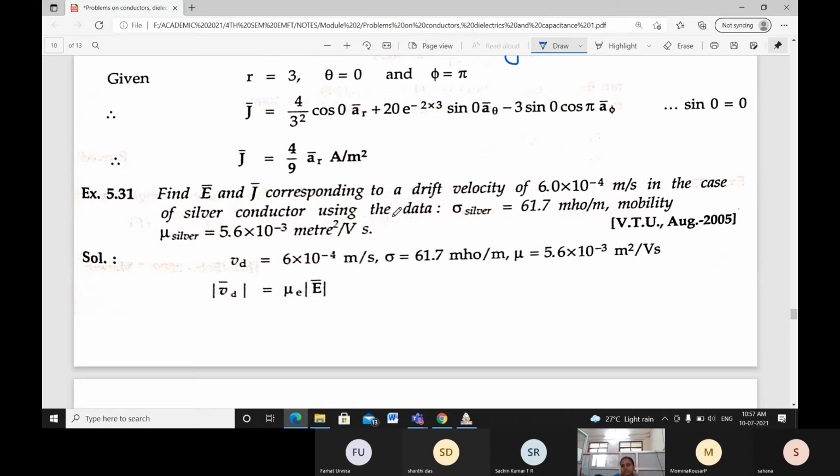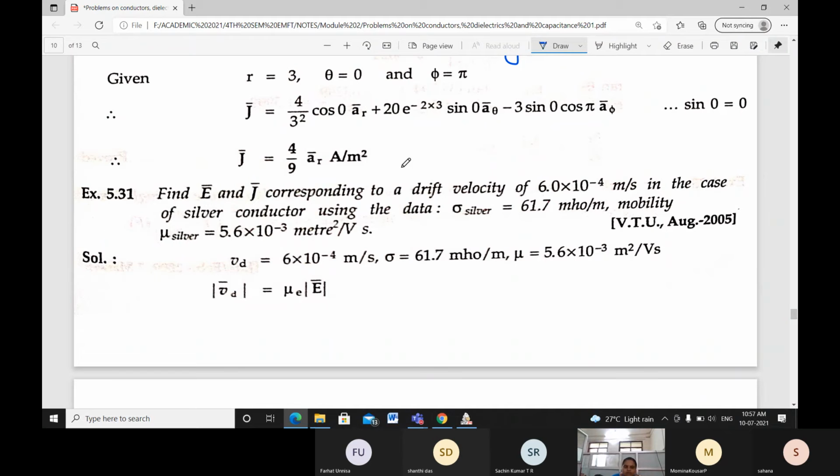Using the data given for us, the conductivity for silver is 61.7 mho per meter, and the mobility of silver is given as mu, that is 5.6 into 10 raised to minus 3 meter square per volt second.